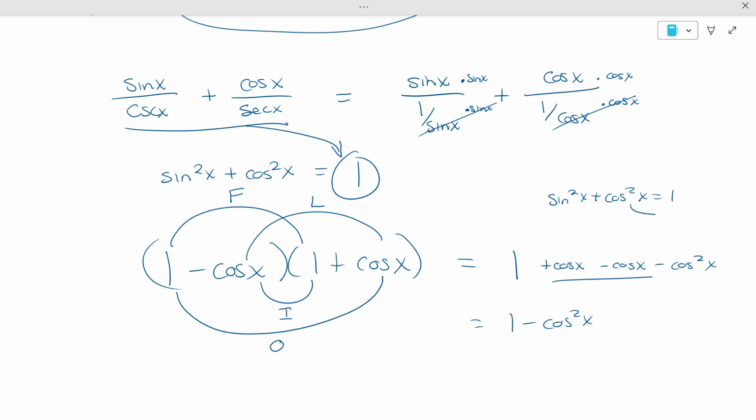So if I subtract cosine squared from each side, it moves to the other side, right? So what's 1 minus cosine squared going to equal? Sine squared of x. Sine squared of x. Okay.